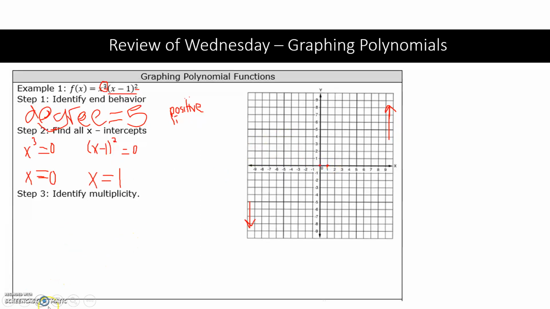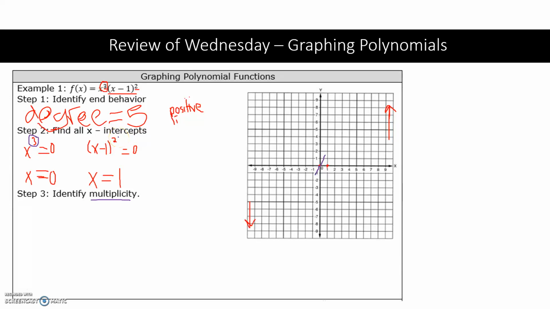at positive 1. Okay? And when we're looking at multiplicity, multiplicity is basically just the exponents on your factors. And so if I go back and look at my two factors, I have x to the third, and my exponent here is to the third power. So that means at 0, my graph is going to go through the x-axis because it's an odd number.